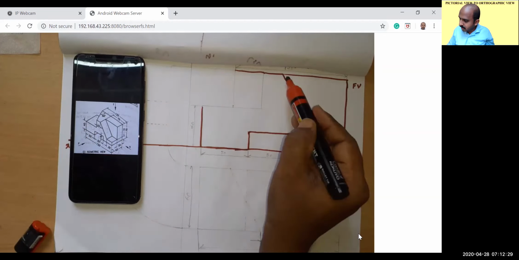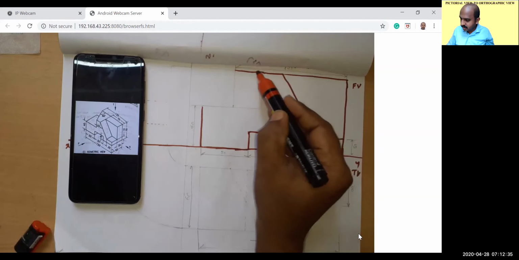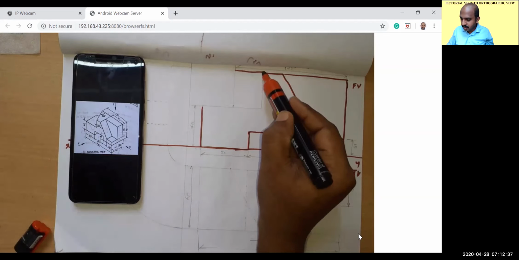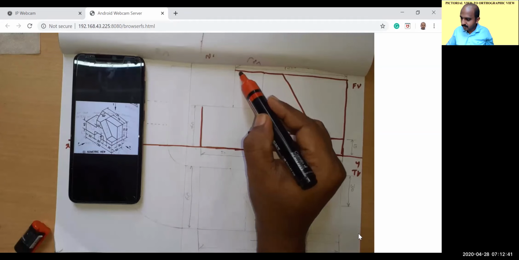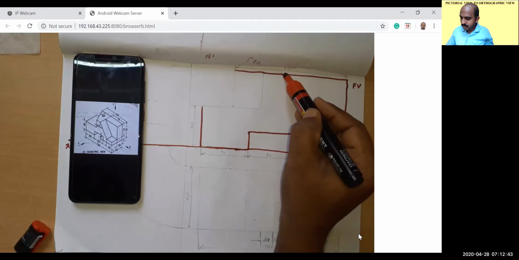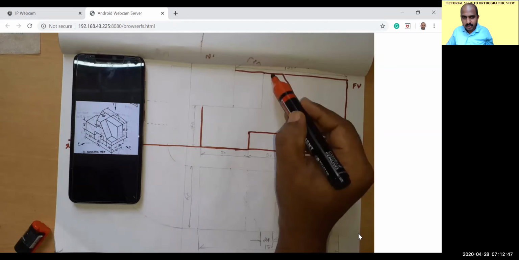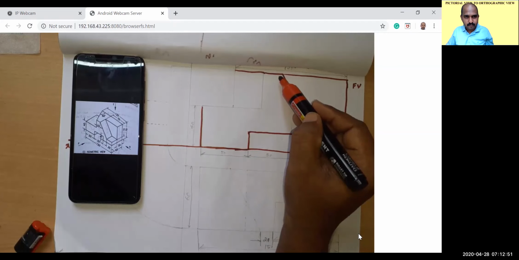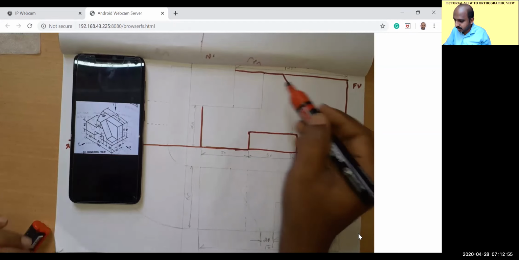But once again, up to this point, how much is it? 70. Then you have 20. Then you have 30. Clear? 70, 20, 30. So that much distance.